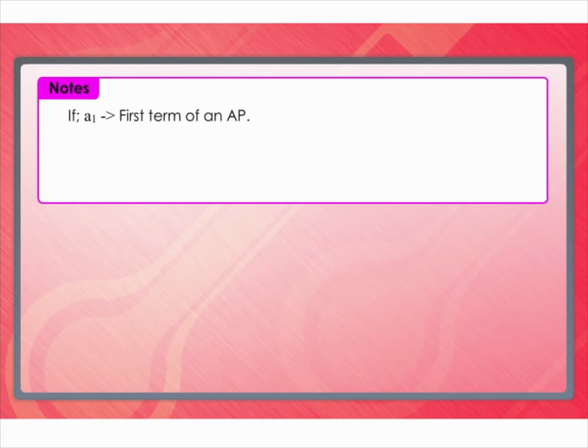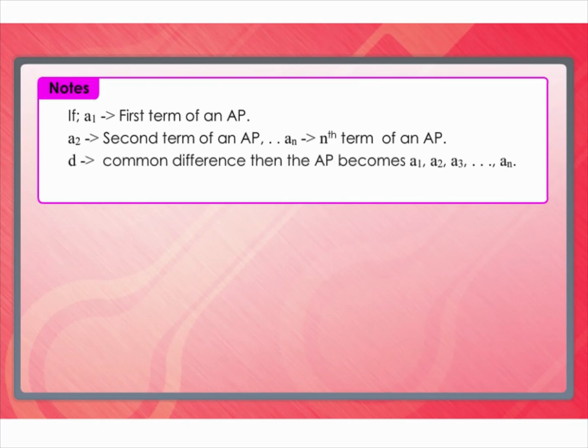If a1 is the first term of an AP, a2 is the second term, and so on, an is the nth term, and d is the common difference, then the AP becomes a1, a2, a3, and so on up to an.